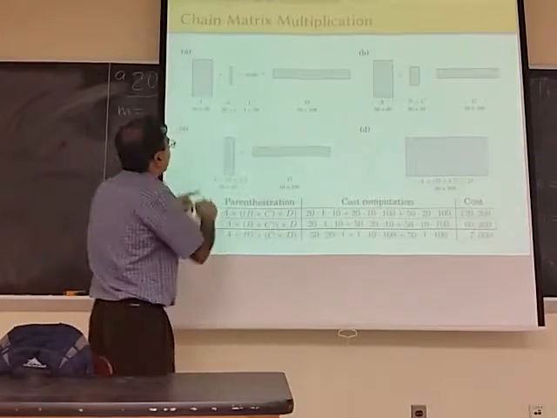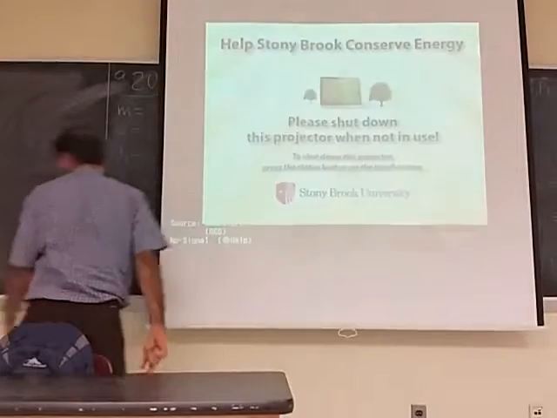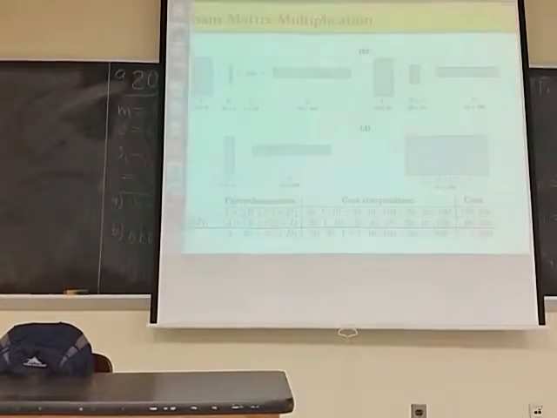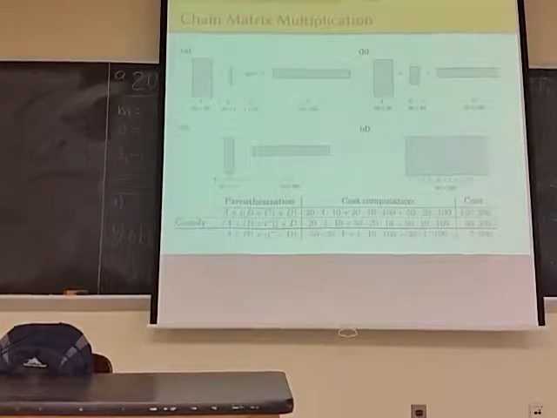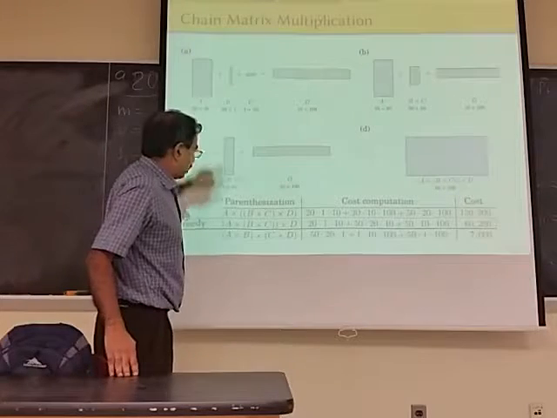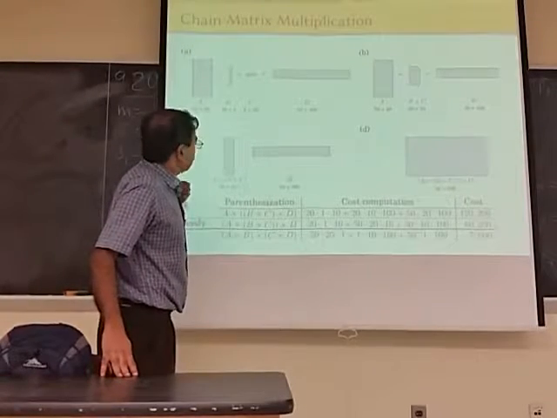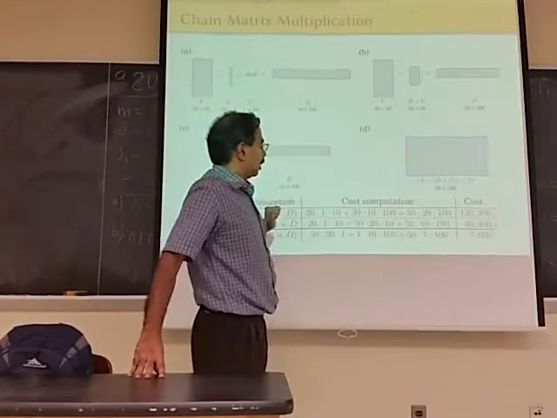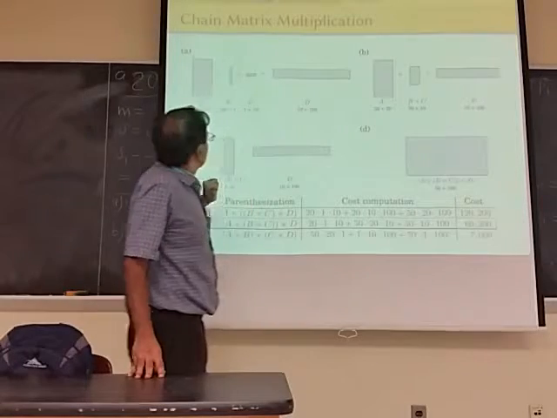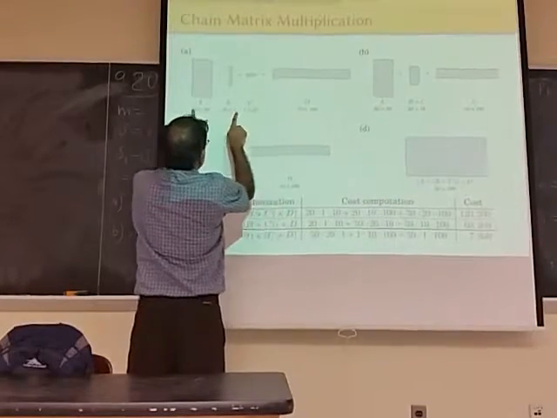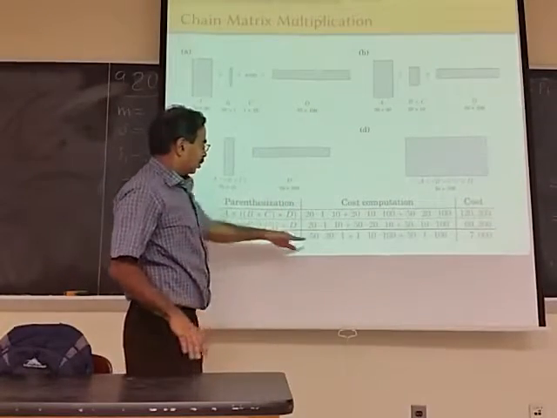So now you're left with one matrix that is 50 by 1, and another one which is 1 by 100.